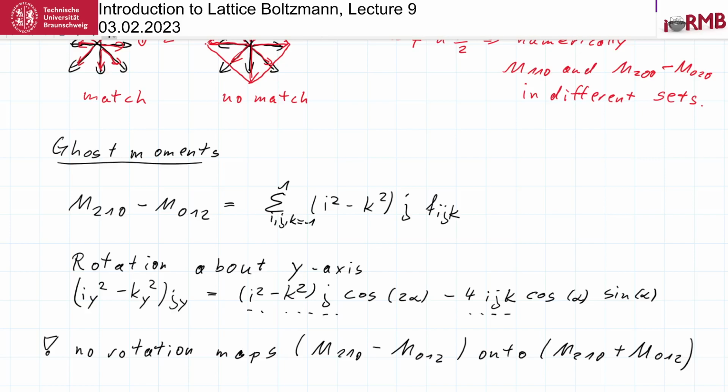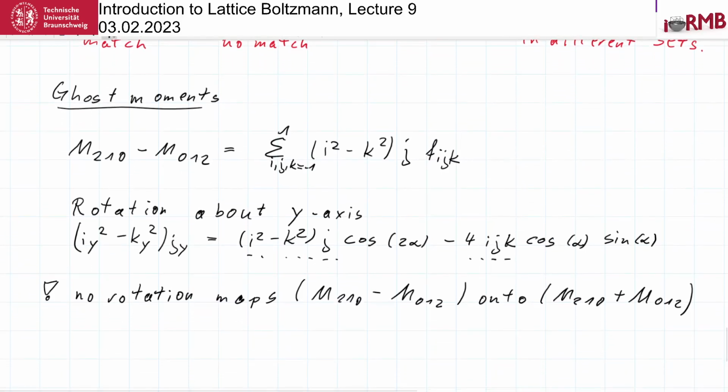However, first, they are not in a different group, but in a different set. So this is admissible from the perspective of isotropy to have different rates. So this set here, we can split into two sets.